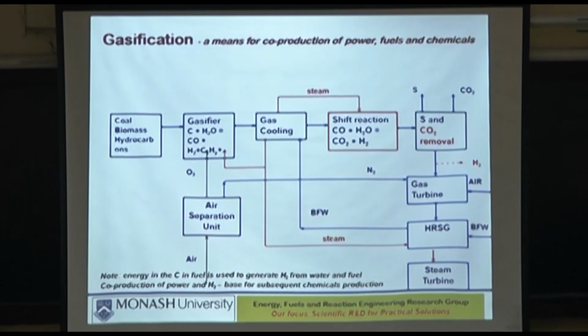Anyway, tar is nothing but long chain hydrocarbons, CxHy, a little bit of Oz. So if it's long chain, what do you do? You break the chains to shorter chains. How do you break them? Heat, either being in oxygen or being in steam.